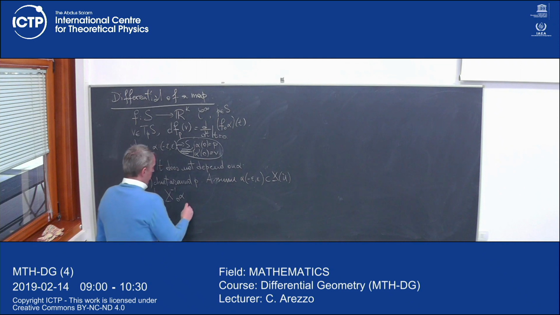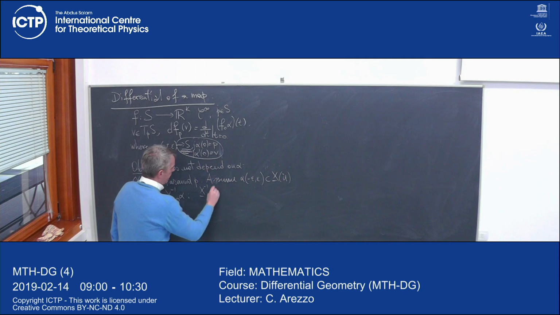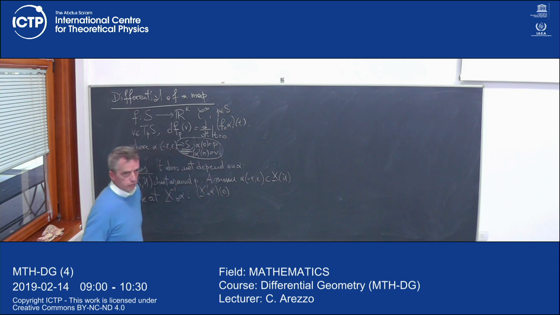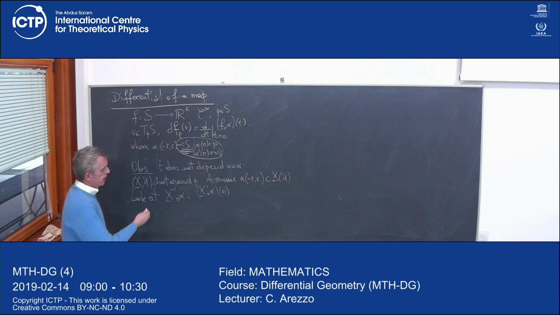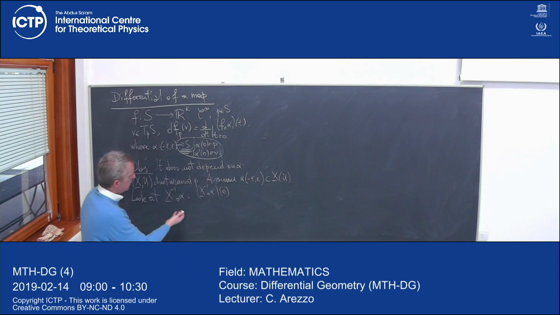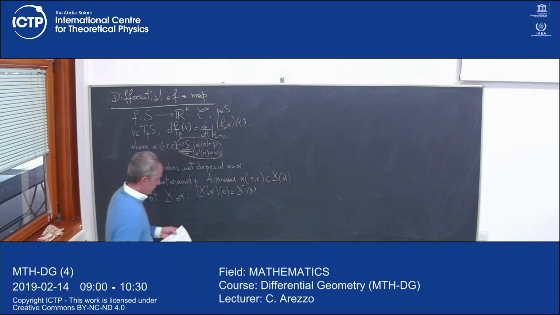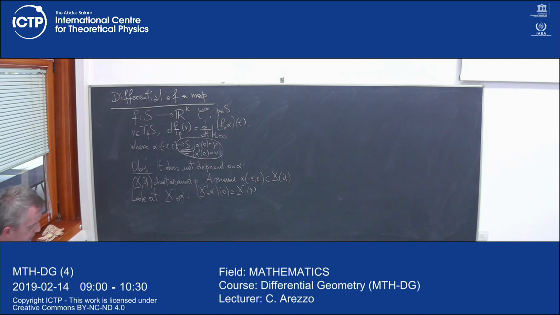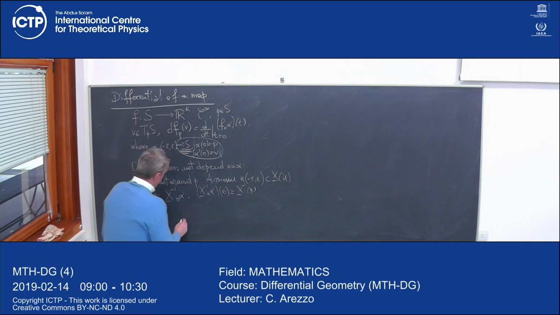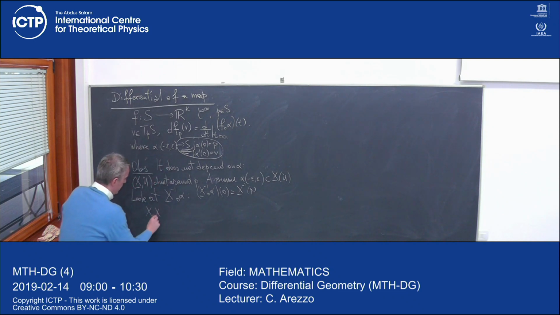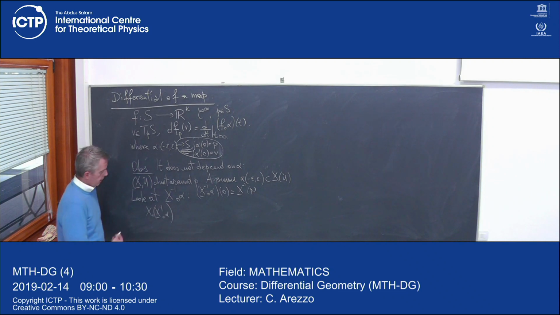Now this satisfies what? X inverse composed with alpha at time 0 is X inverse of alpha of 0. Alpha of 0 is p by assumption, so this is just X inverse of p. Okay? And now I just take the most stupid equation I know: X composed with (X inverse composed with alpha) is equal to alpha.